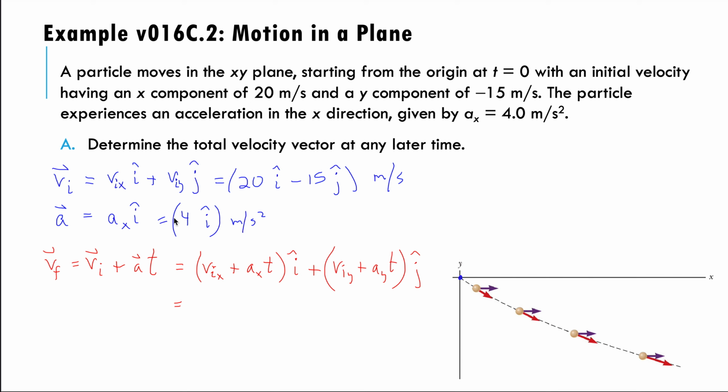Okay, so we're ready. V initial x is the 20 plus ax, which is 4, times t, i hat, plus v initial y, which is negative 15. Ay is 0, because we only have acceleration in the x direction.